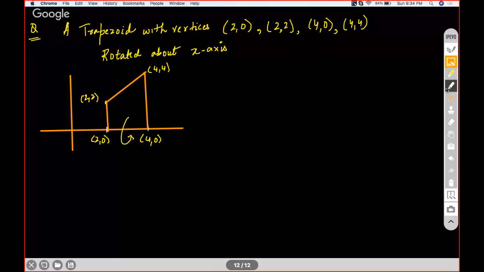So how will you find the relation between x and y in this? You tell me.